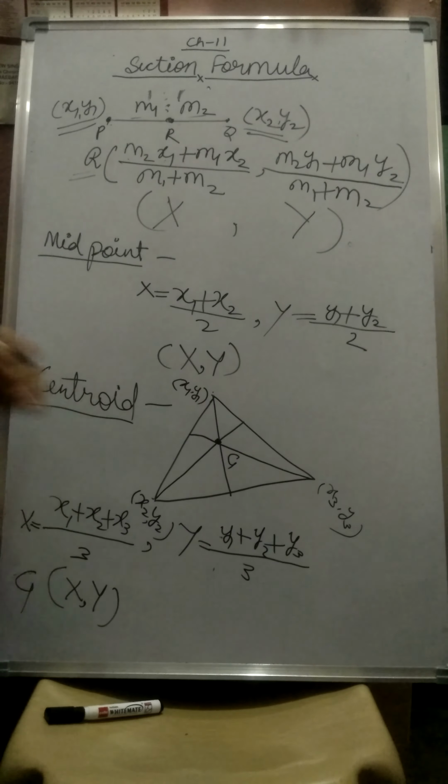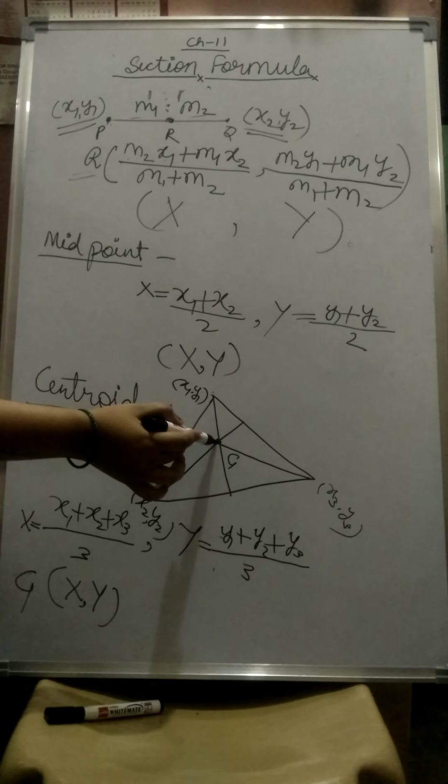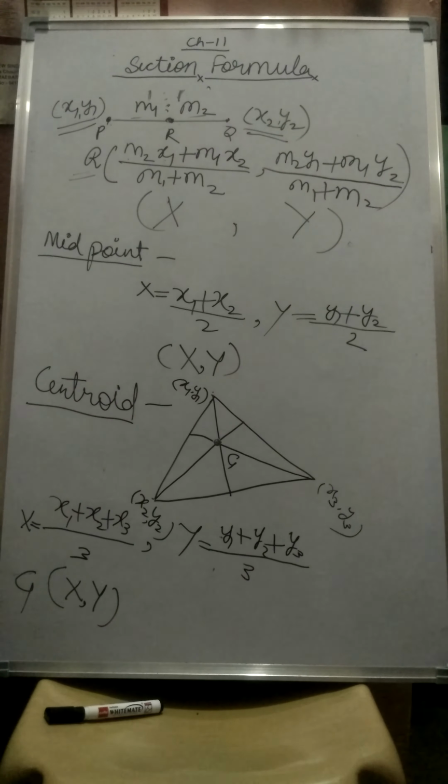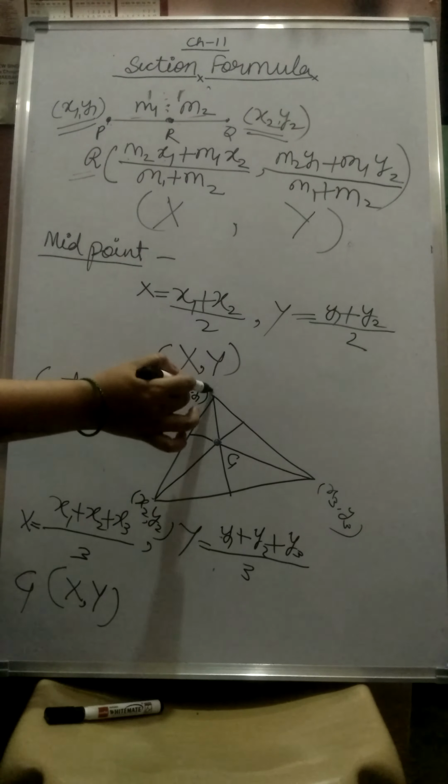Next we have the centroid. We will study in this chapter about the centroid. Centroid is the point where all the medians of the triangle intersect. We have these three medians.